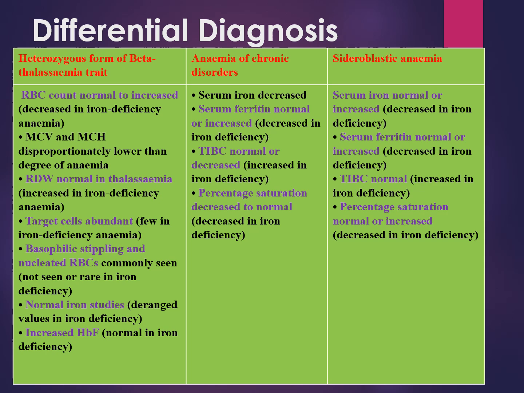So remember the iron deficiency anemia FITT, that is serum ferritin, F, serum iron, serum transferrin saturation. All will be reduced in iron deficiency anemia. Only TIBC will be increased in iron deficiency anemia.